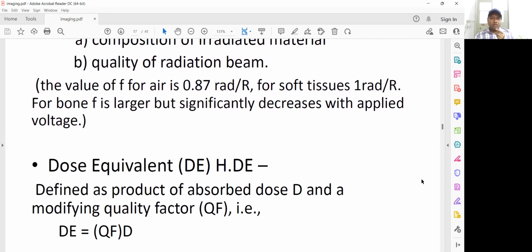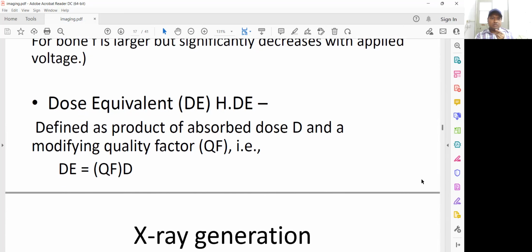Now the dose equivalent, DE, is defined as the product of the absorbed dose D and the modifying quality factor QF, such that DE is equal to QF times D. So these are some units of X-ray.